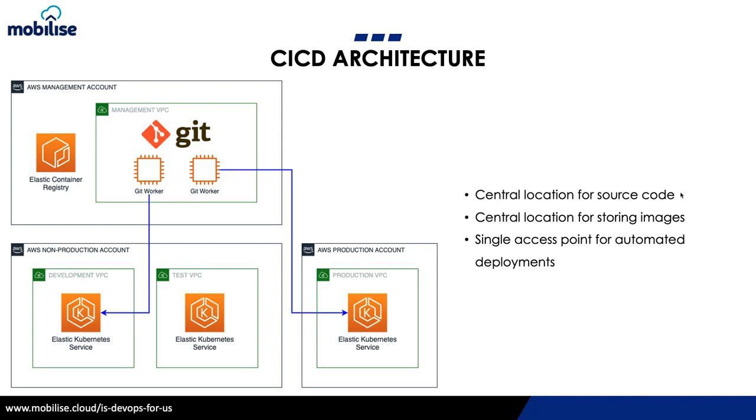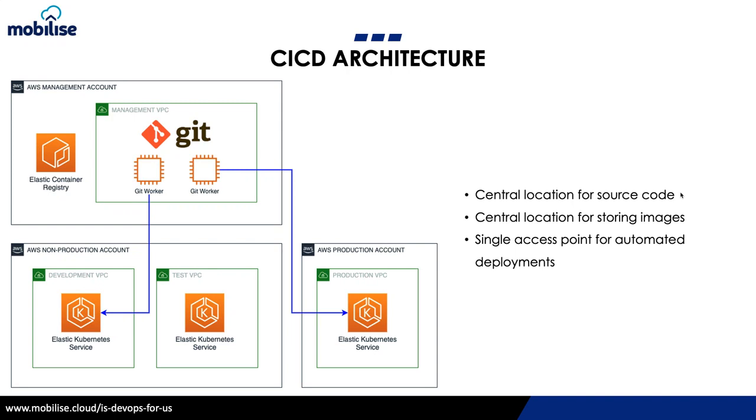It also means that you're able to control the release of deployments from a central location. And it means that we can harden our Kubernetes environments to only receive traffic from this management VPC.